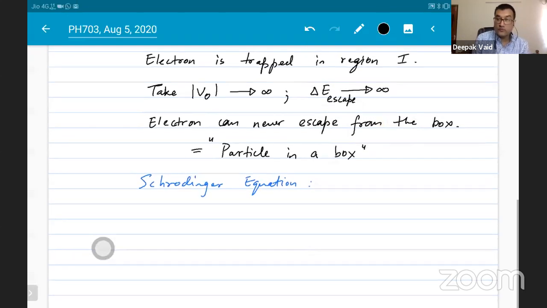This is how most quantum mechanics courses actually start out. They start out by telling you what the Schrodinger equation is. I have followed a different approach, and I don't know how effective my approach is. I hope that it is easier than the other approaches, but you are the judges of that. So the Schrodinger equation has this form. Let me write it down and then I will explain the different terms.